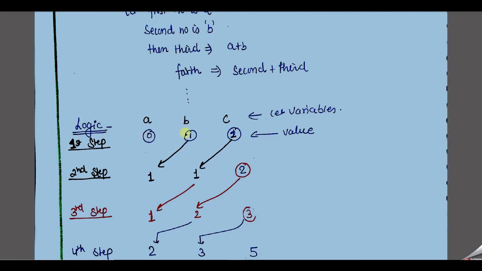First, a plus b is performed and stored into c. Now, when we are going to calculate our fourth number, we store our value b into a and value c into b, and again c is equal to a plus b.